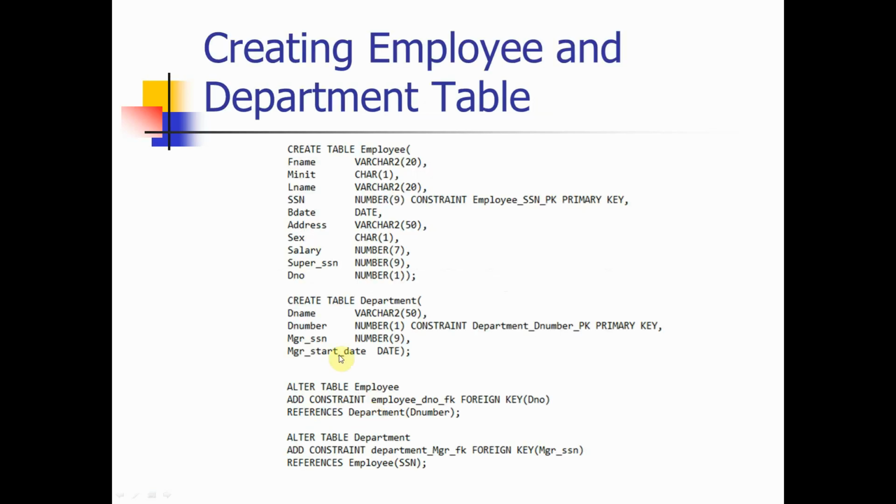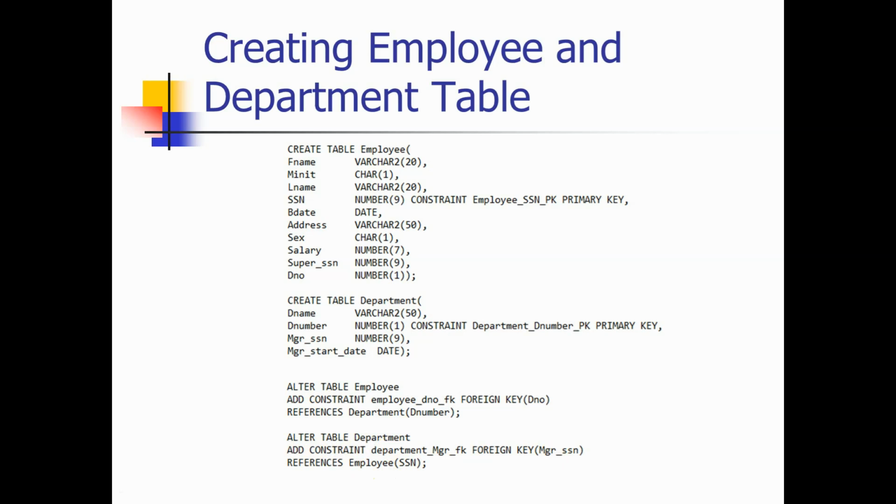And therefore, you can see that the way of creating those two red foreign keys is as follows. We create a table first, and then create another table, and then we alter the table employee by adding the foreign key, and then add another foreign key to the department so that its manager social security number will reference employee's social security number. So that is how we will be able to create the foreign keys after the tables are created.